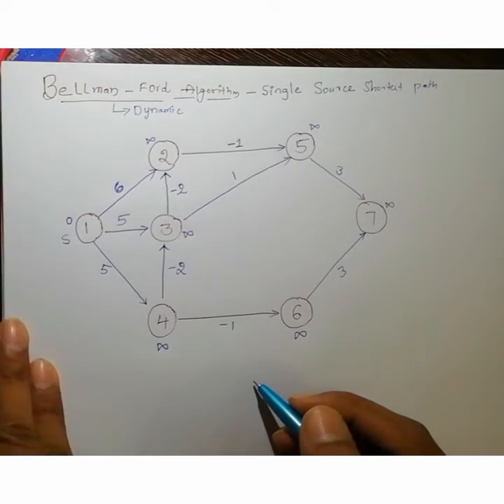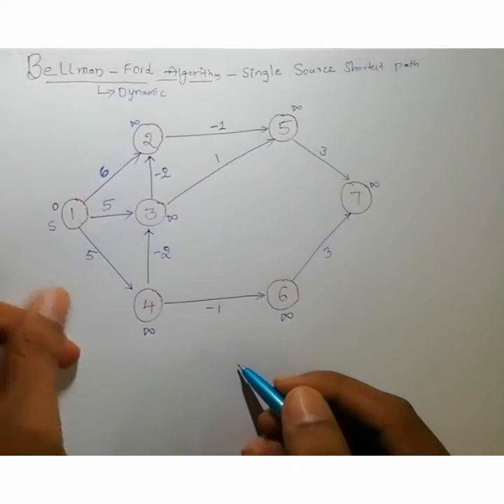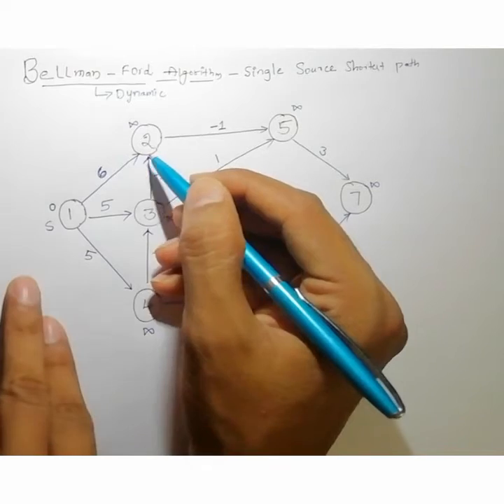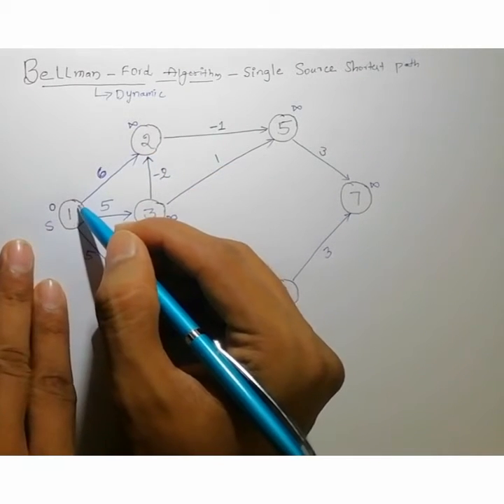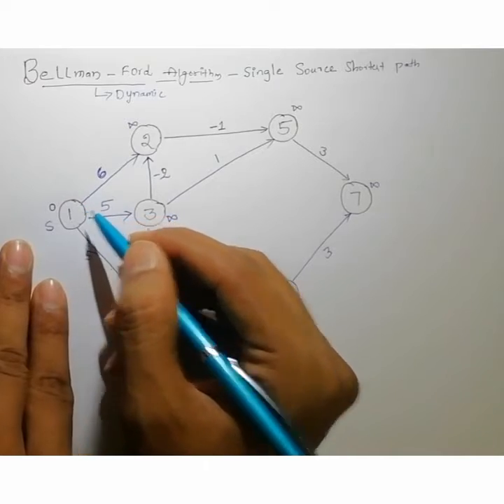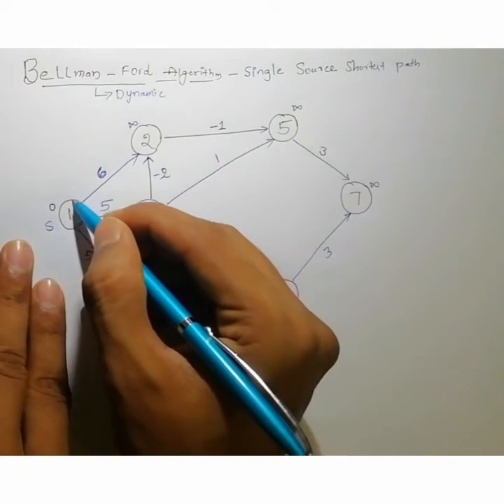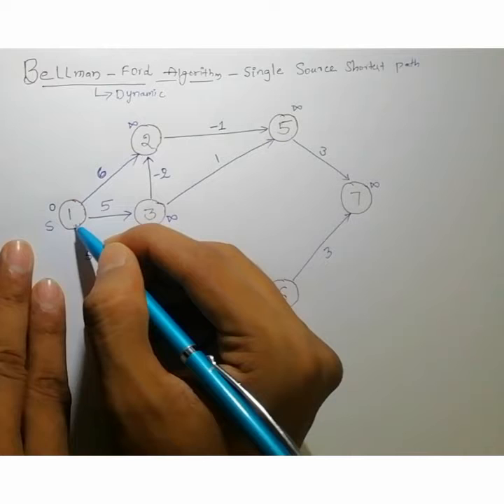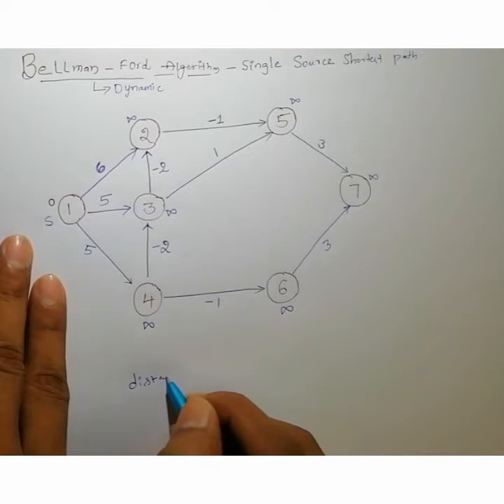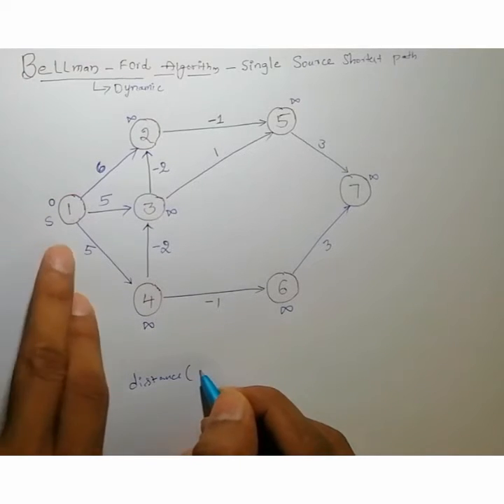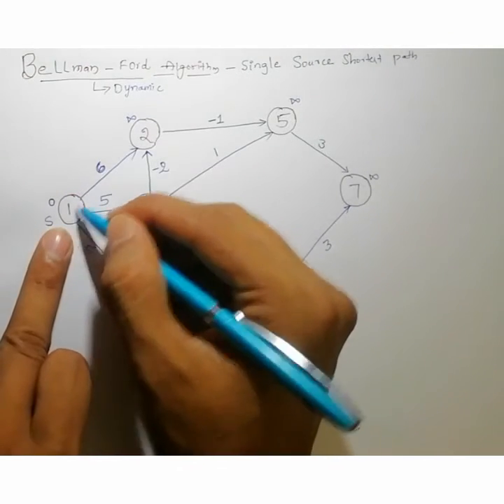Next, I want to find the distance of 2 from 1. How to calculate the distance? We know the formula. For example, this is u, this is v.